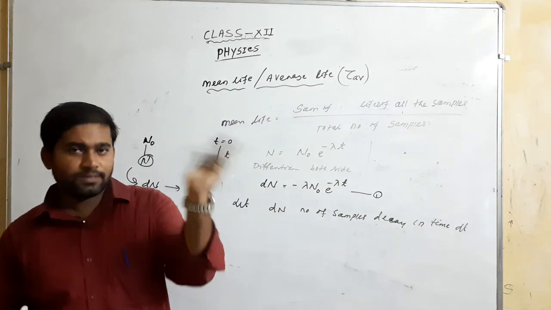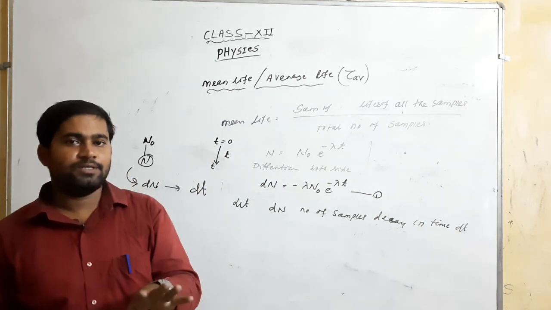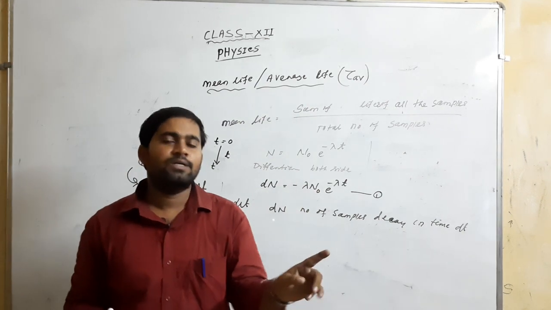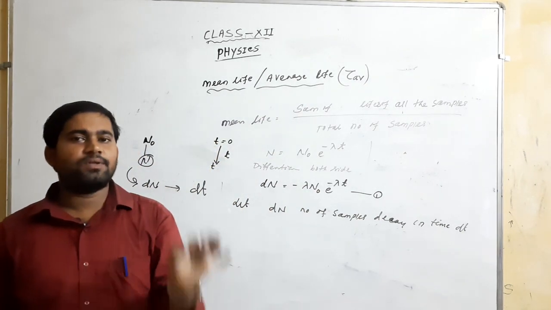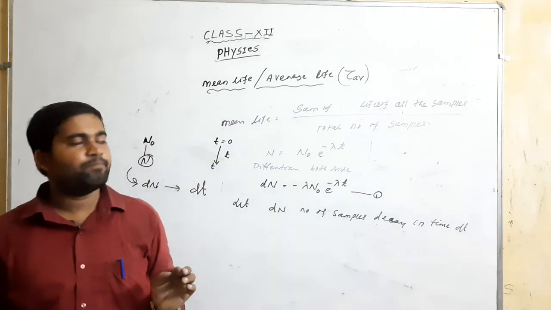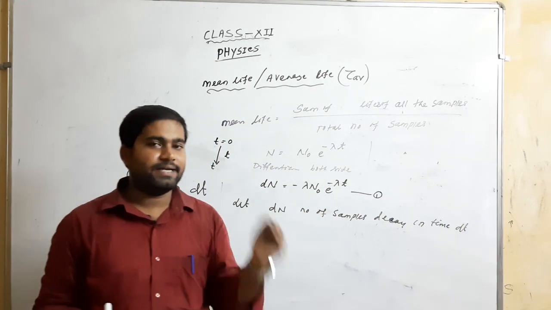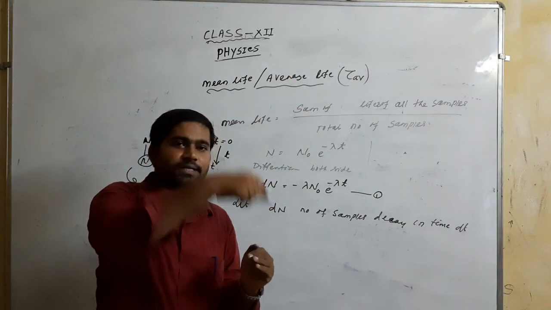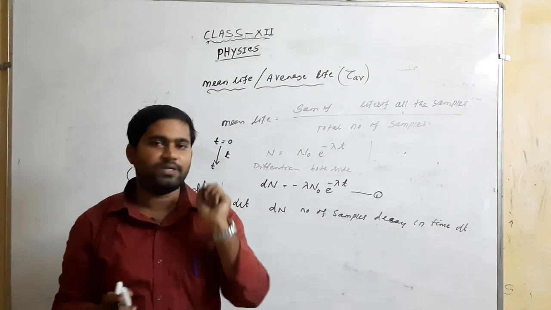The remaining will be 900, which is N. So to reduce from 1000 to 900, the time taken is 2 minutes.